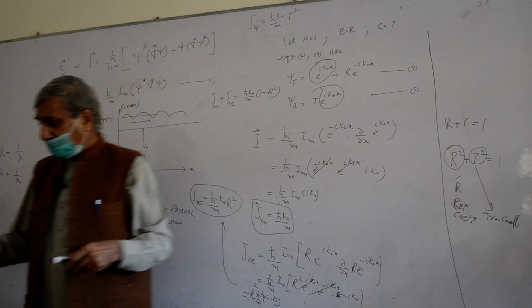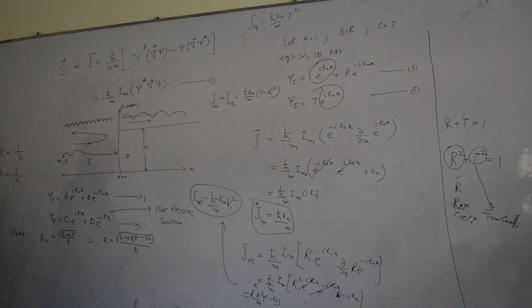So this depends upon which book you are following. Okay, so it is the physical outcome of these relations: reflection coefficient plus transmission coefficient should be equal to 1.